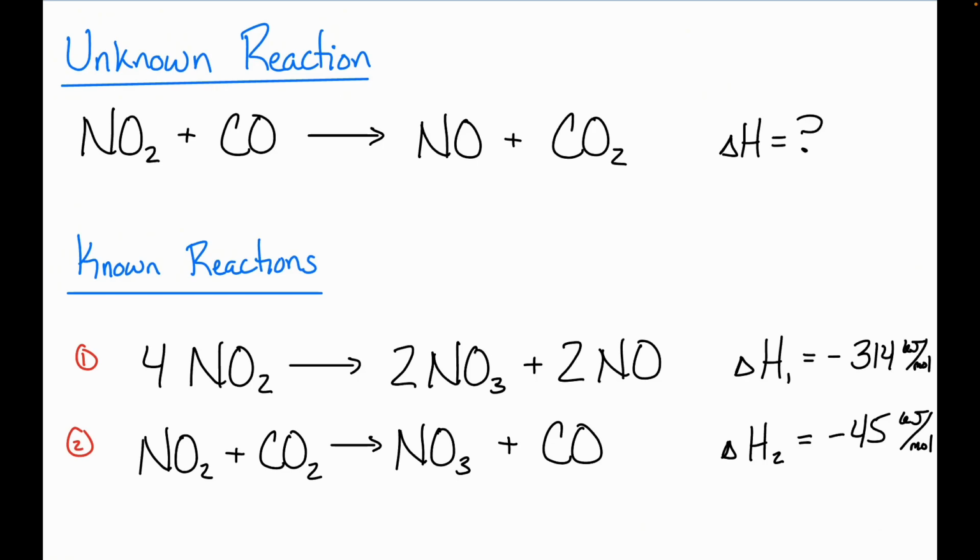All right, there's a little bit of trial and error involved. Combine them as is. That didn't work. Let's flip one of these around, putting these reactants on the other side. Combine them again. There's not really one way to do it. You'll get better at it as you practice. But we're trying to combine these known reactions 1 and 2 to create that unknown reaction.